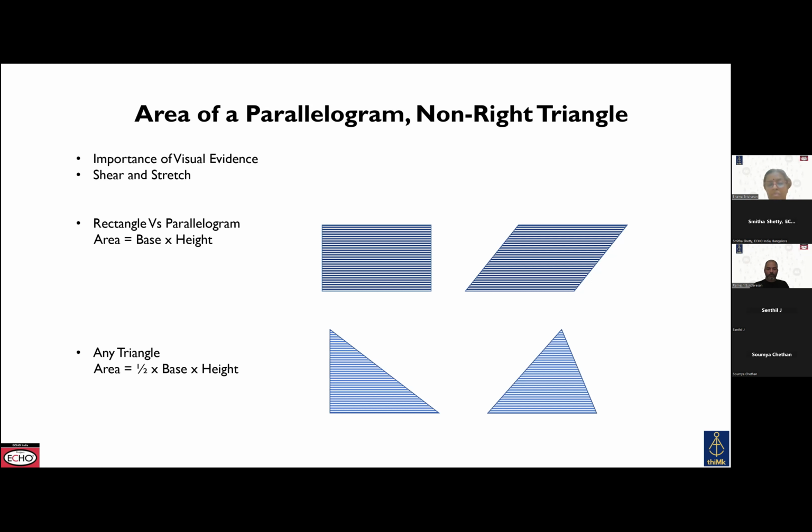So between the rectangle and the parallelogram, for the rectangle the area was base into length, which is like base into height, we can say, which is length into breadth. But here, instead of calling it length into breadth, you say base into height for parallelograms, and it remains the same. It is not the product of the sides, but it is the height versus the base.